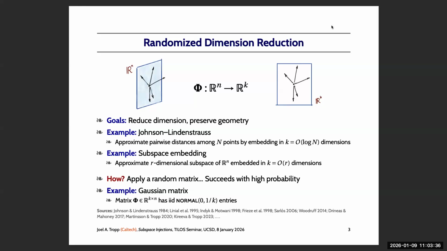You should think about n as being a large number, and as a consequence, it may be somewhat expensive to operate on that data. So you'd like to reduce its dimension to k, where k is a much smaller number, while somehow preserving its geometry. Here you've got an illustration of some high-dimensional data mapped down to, in this case, two-dimensional space, and you can see that the vectors still seem to have roughly the same interrelationships with each other.